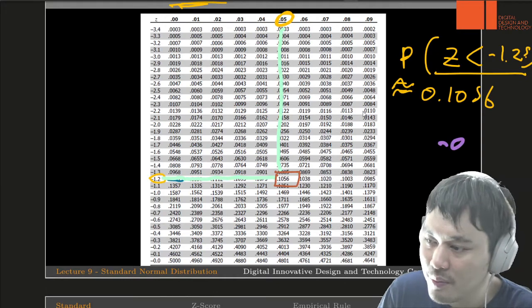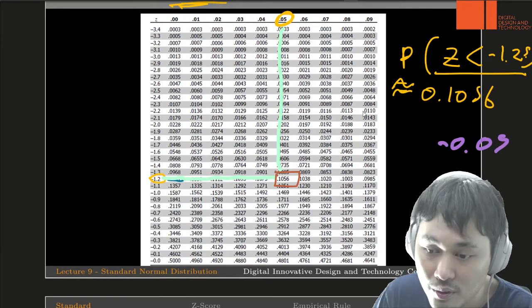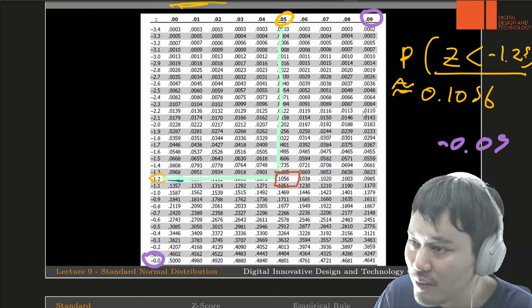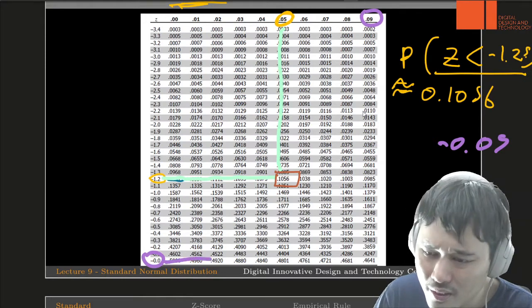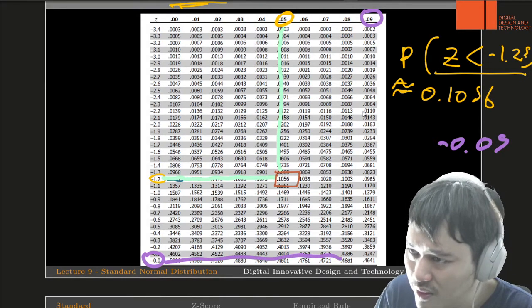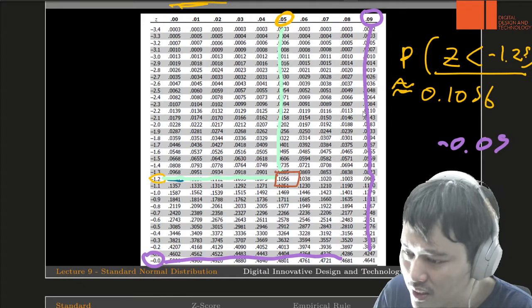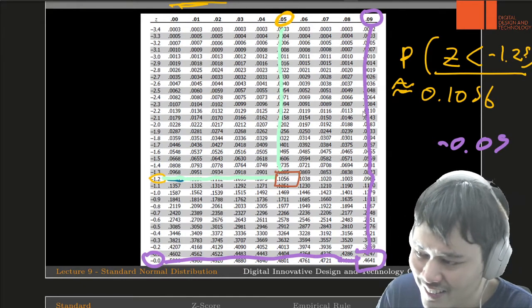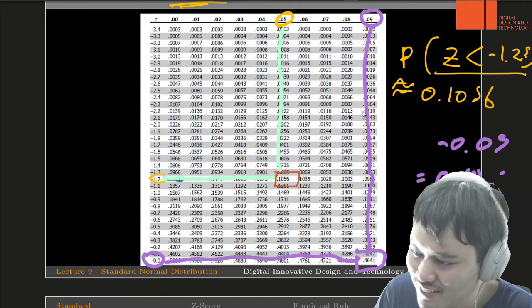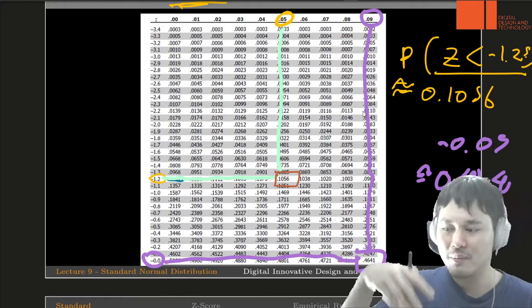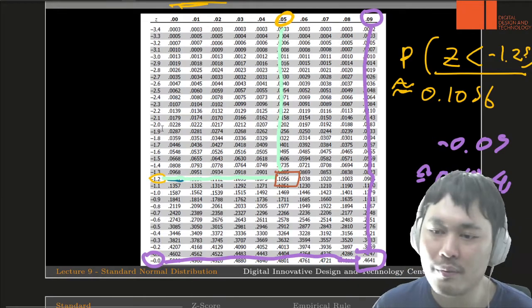Like if it's -0.09, you have to look at -0.0, and then look at 0.09. Make sure you bring your glasses to class or something like that. But that was the good old days.